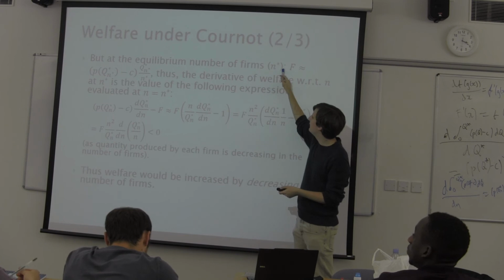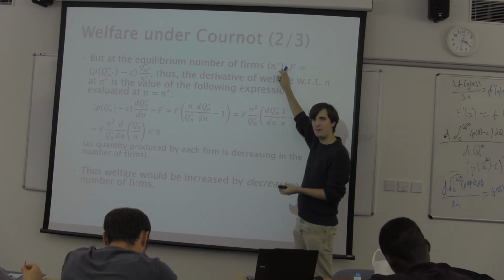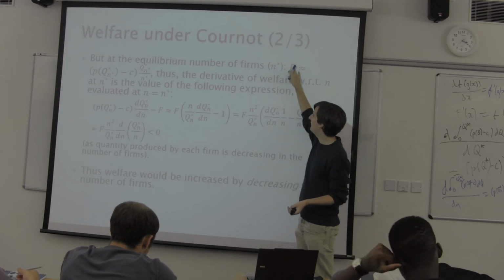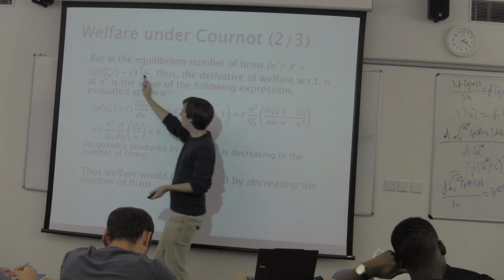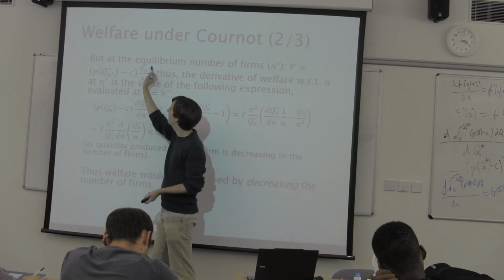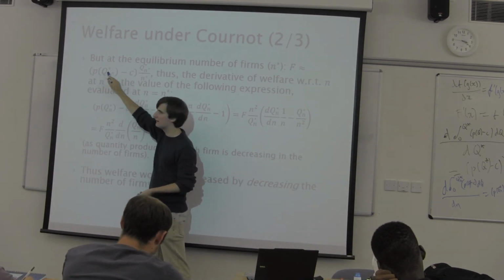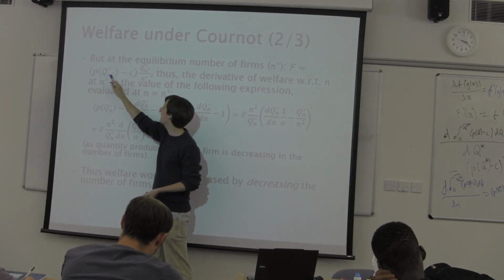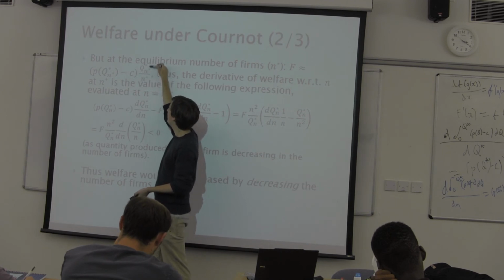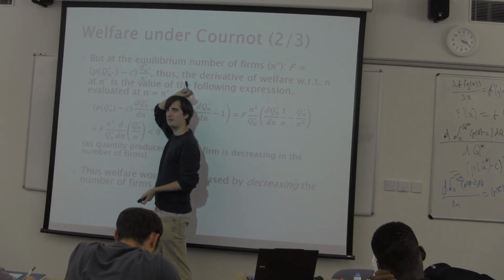And we remember the free entry condition, which said that in equilibrium, the cost of entry must be approximately equal to the profits you make from entering. The profits you make from entering are the price evaluated at the equilibrium quantity minus cost, that's profits per unit, times the total number of units each firm sells.